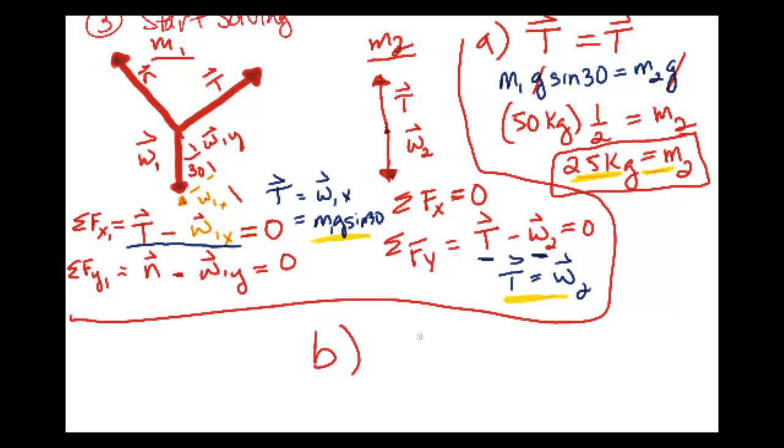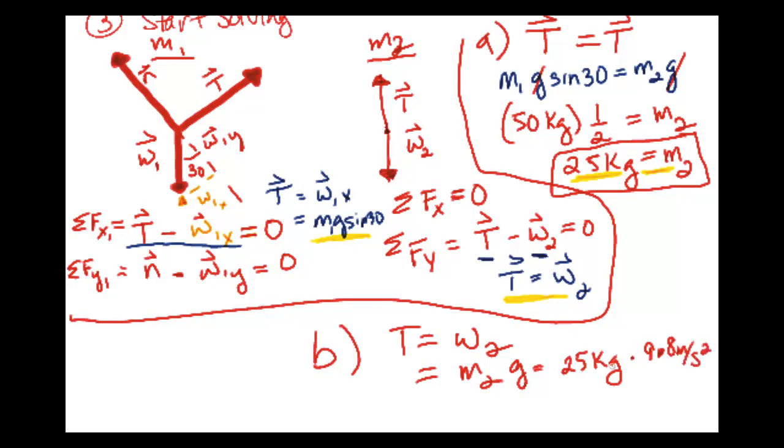So, I was trying to find the tension. Yes, the tension was equal to W2 is the easiest one. So, you take mass 2 times gravity, which would be 25 kilograms times 9.8 meters per second squared, and that gives you, let's see, where's my handy dandy calculator?